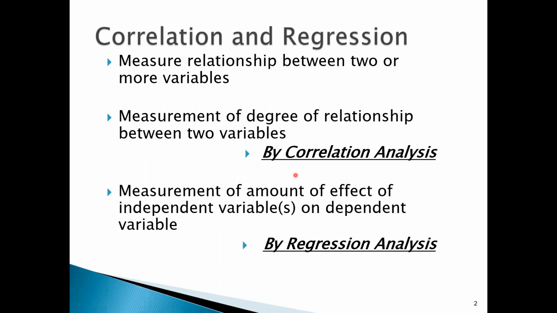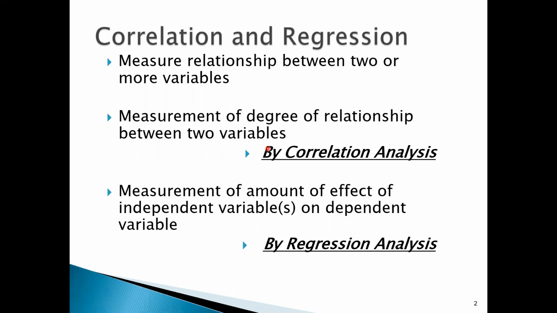For example, if someone is saying that BMI and age are correlated with each other, it means we are expecting that with the increase of age, the BMI will also increase. But how much will the BMI increase with the increase of age?